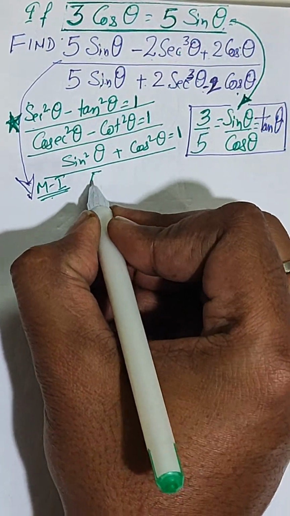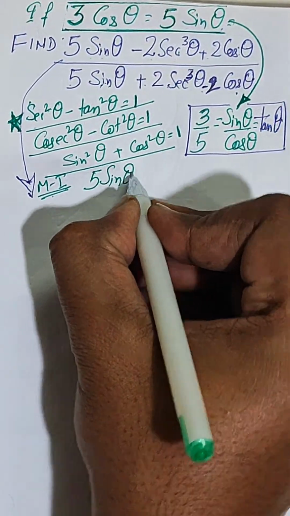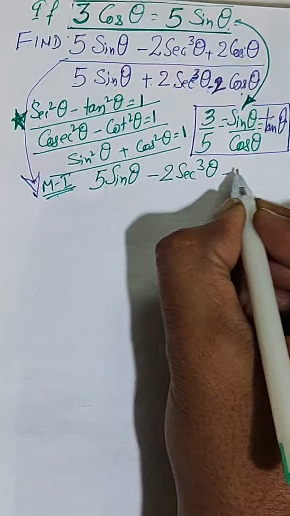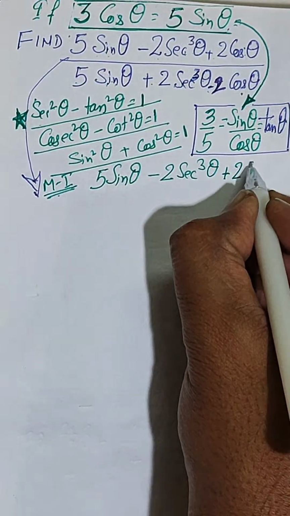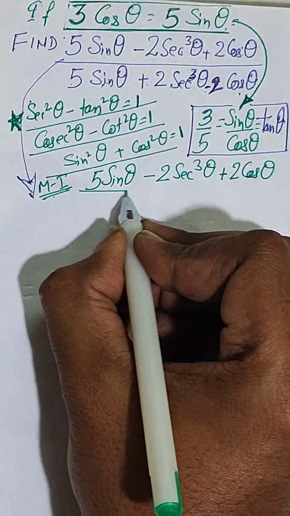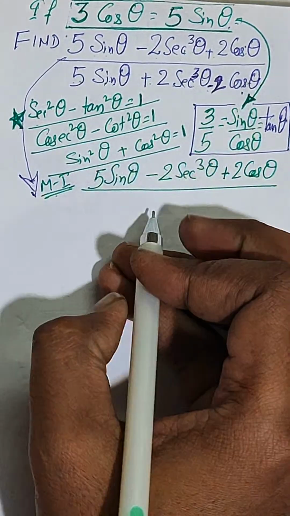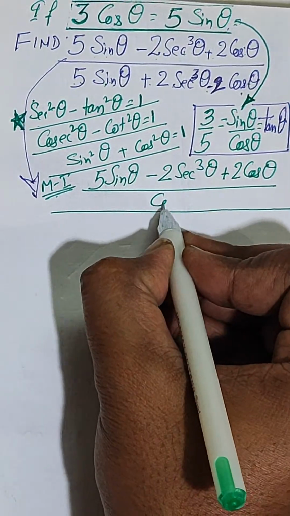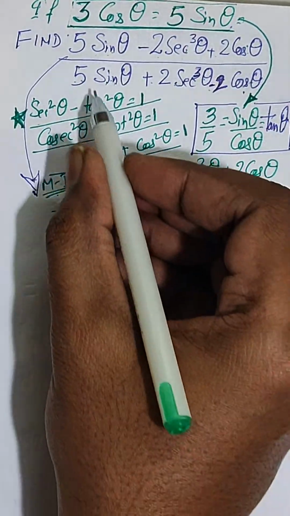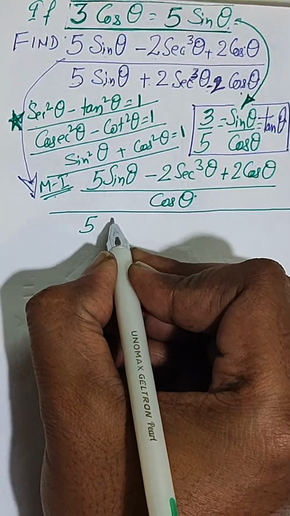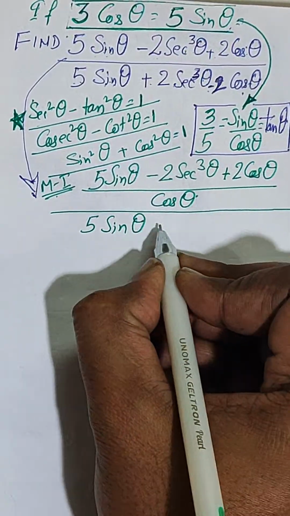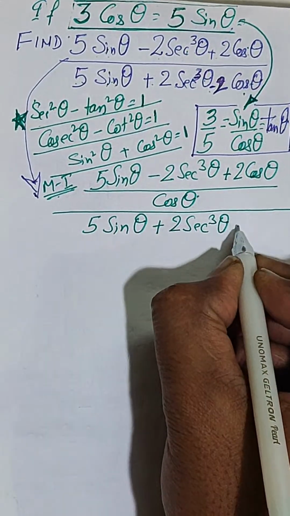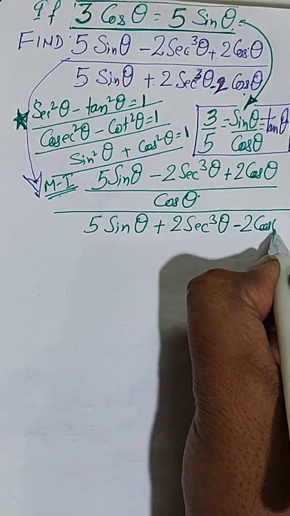So given 5 sin theta minus 2 sec cube theta plus 2 cos theta divided by, again I'm repeating it, just divide it by cos theta. Similarly, in the denominator, it's 5 sin theta plus 2 sec cube theta minus 2 times cos theta.